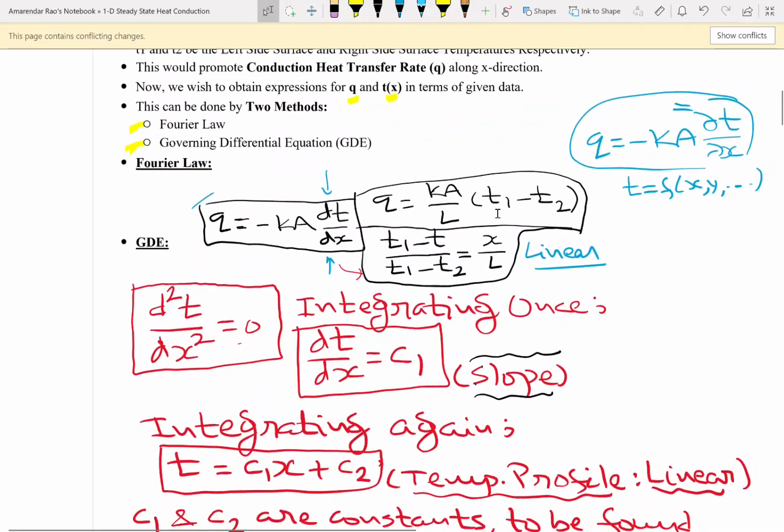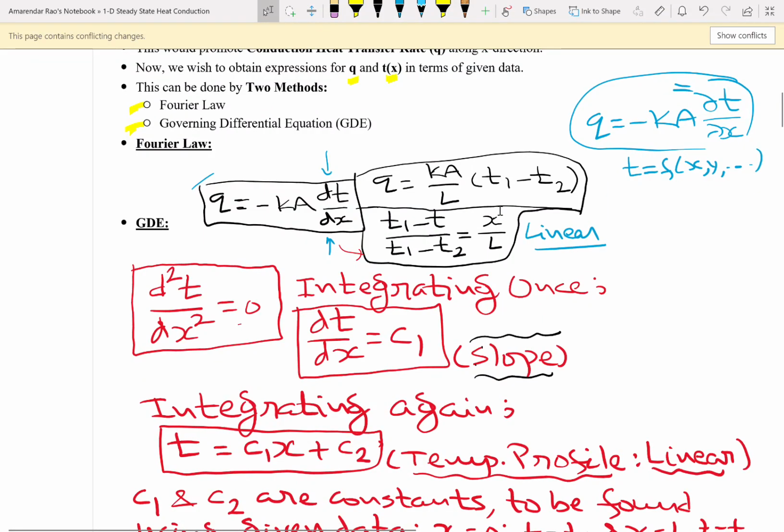If we have unit area, then we can always calculate the heat flux, the conduction heat flux, that's heat transfer rate per unit area, as K by L times (T1 minus T2), if area is not available.